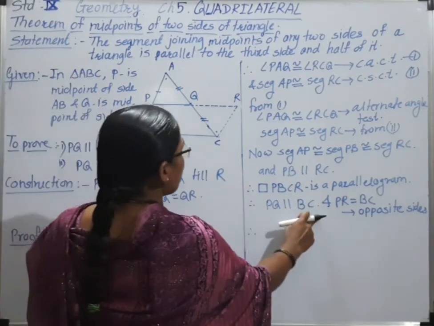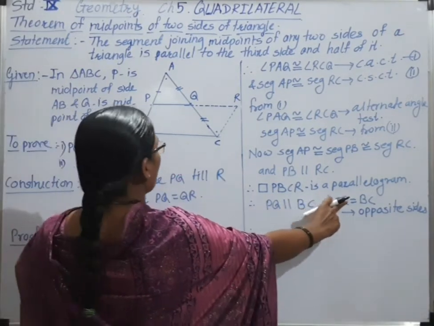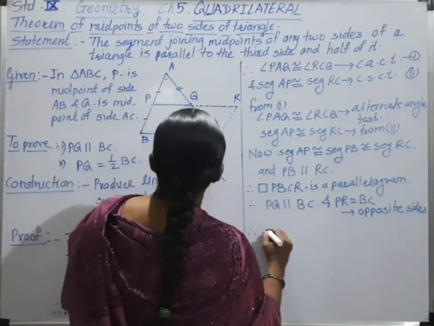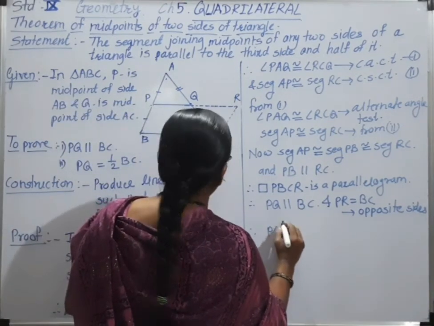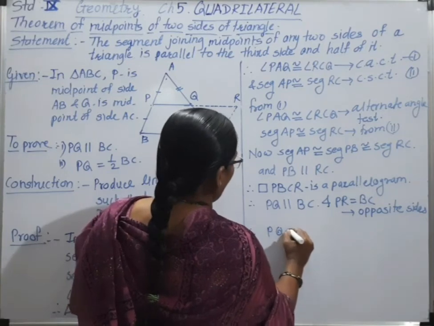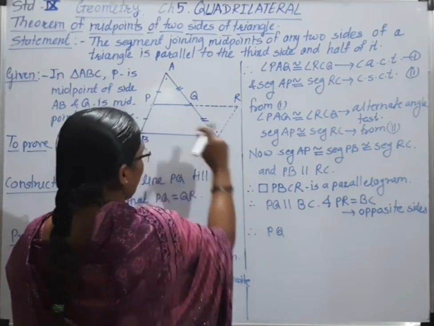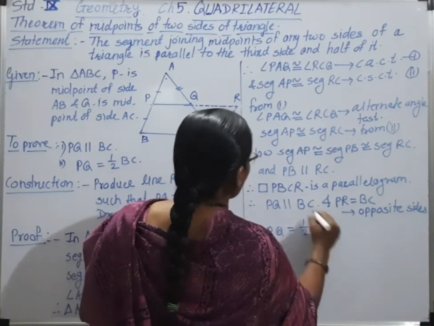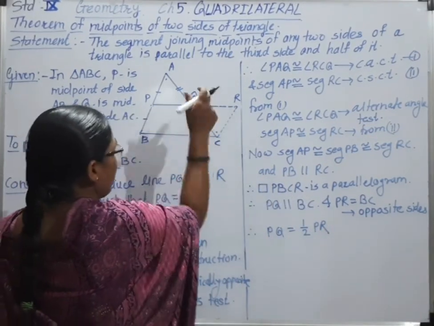PQ is parallel to BC, and PR is equal to BC. Therefore PQ is half of PR.